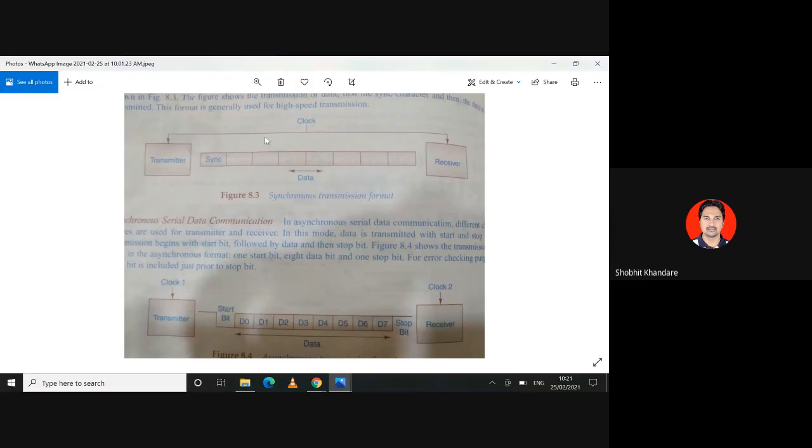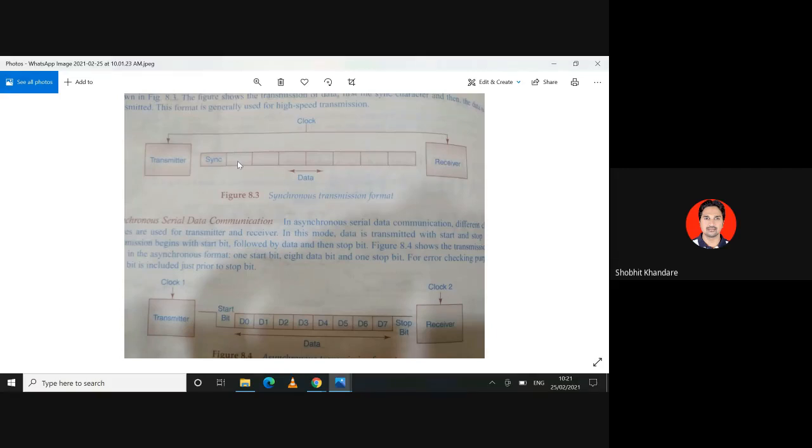But when we talk about the synchronous transmission format, even though you have a sync character, pay attention, this sync character will be considered as one of the bits of data. How? Now if you can see properly, 1, 2, 3, 4, 5, 6, 7, so only 7 bits are there.